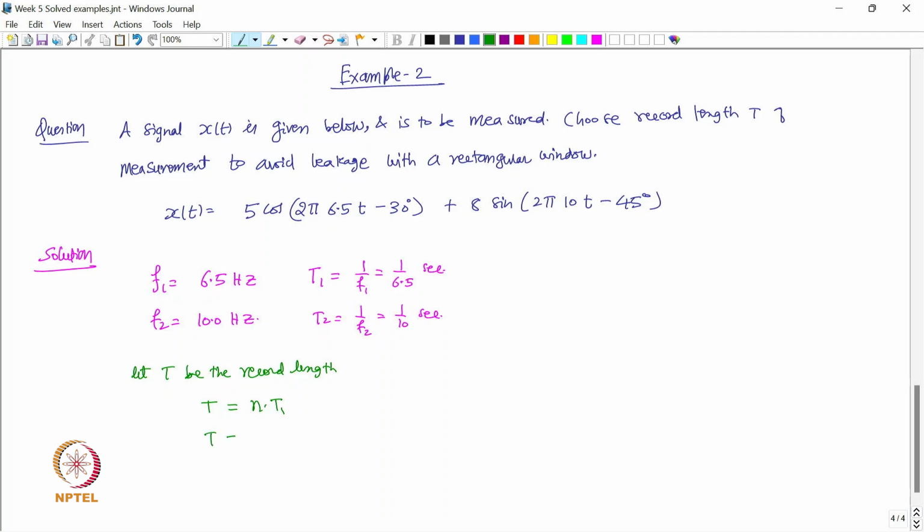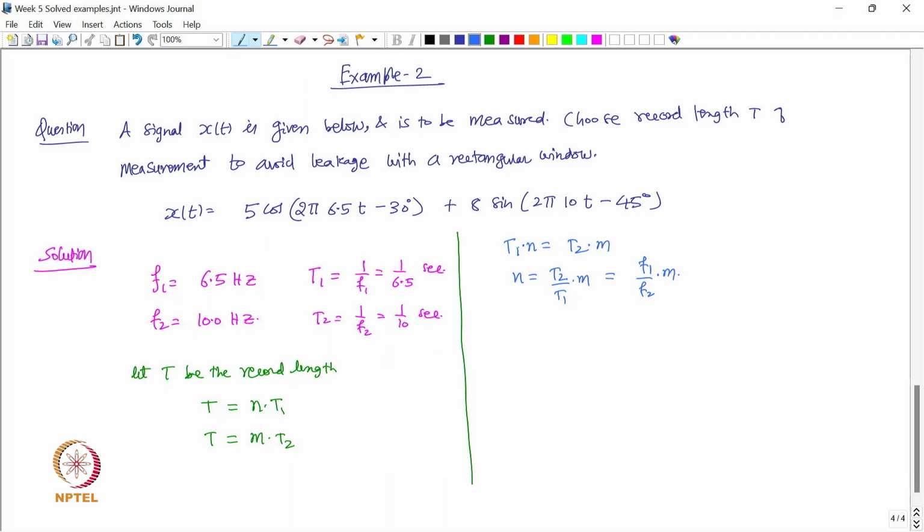Similarly, for the second frequency, m number of cycles may be completed. So, we can write T is equal to m into T2. Therefore, we have T1 into n should be equal to T2 into m. In that case, we get n is equal to T2 upon T1 into m, which can also be written as f1 upon f2 into m.